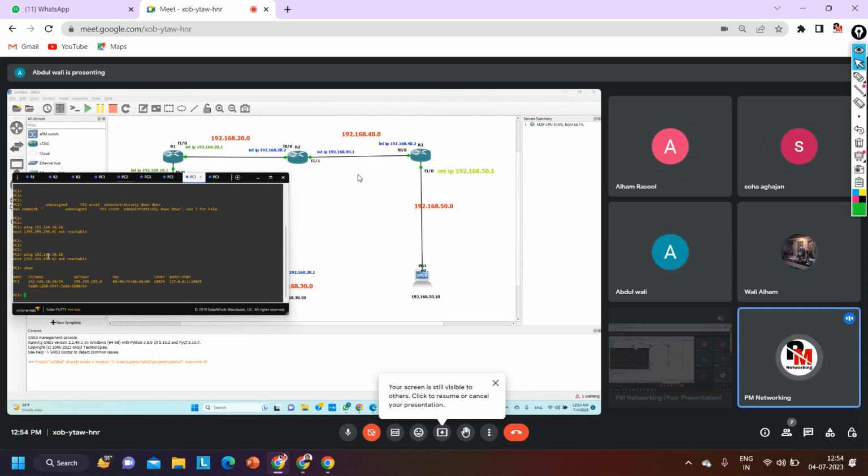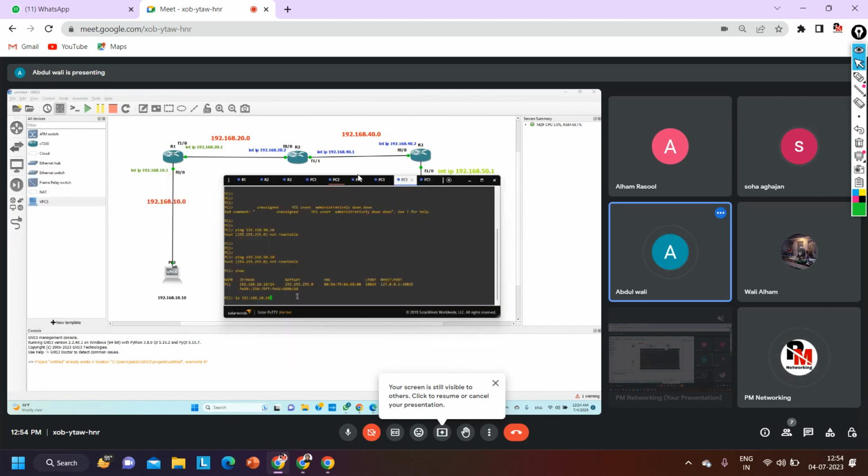No. Here you have configured it wrong. Say IP. Right here, IP, and after that the IP address of the machine, 192.168.10.10/24.